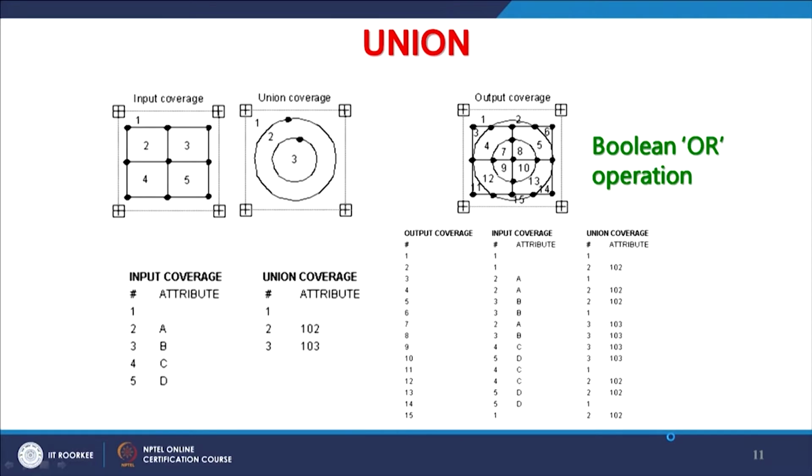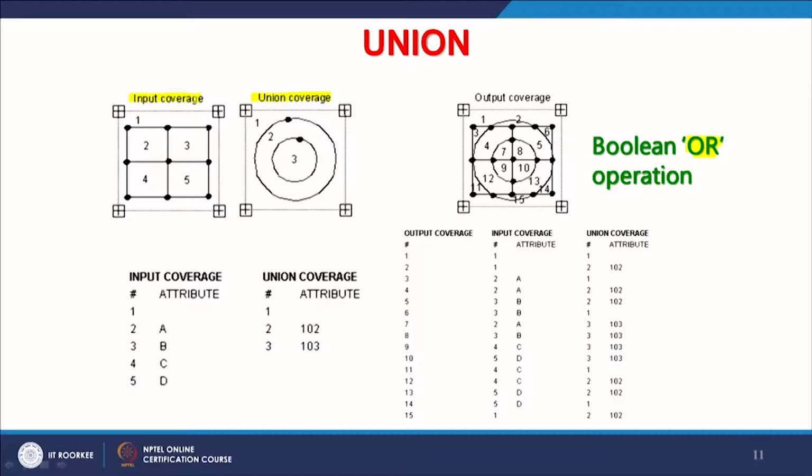Now, what would happen with our union operator, and the or operator? For intersection, and the or operator, my attribute table will become richer and richer because it is getting information from the second layer also.